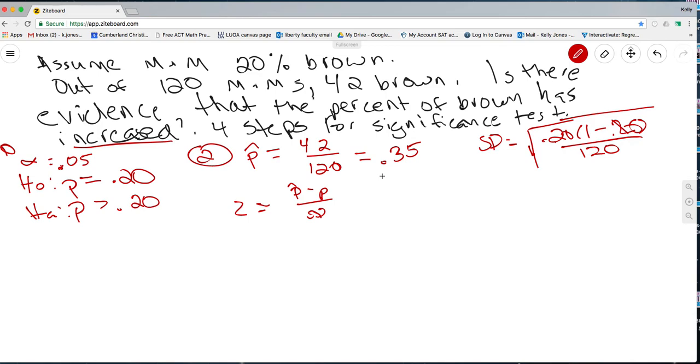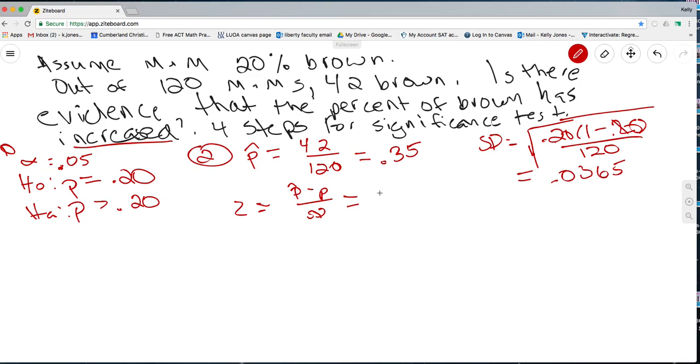So let's go ahead and calculate that now. So the square root of 0.2, 1 minus 0.2, all divided by 120 and close parentheses. And I'm going to round that to 4 decimal places here. So that's 0.0365. All right, so now we have all our values.